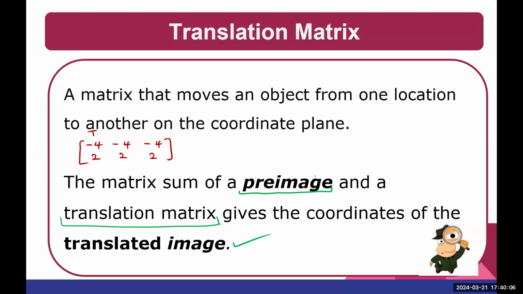So let's say we have this as our translation matrix, and our object is 0, 1, 3, 4, -6, 7. So if this is our object, what would our image be? So this is a translation matrix. We have our object. What would the image be?